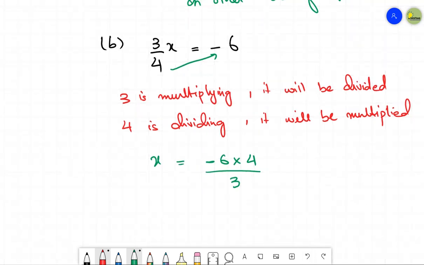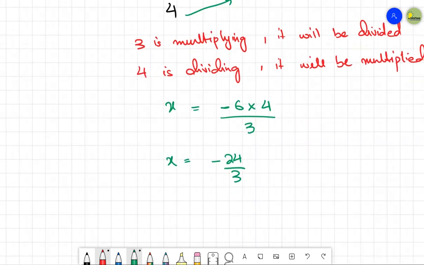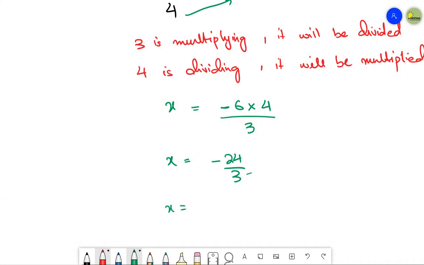In this way, you can solve this equation. x equals minus 6 multiplied by 4 gives you minus 24 divided by 3. Now we can cancel these numbers. 3 ones are 3 and 3 eights are 24. So it will be minus 8.